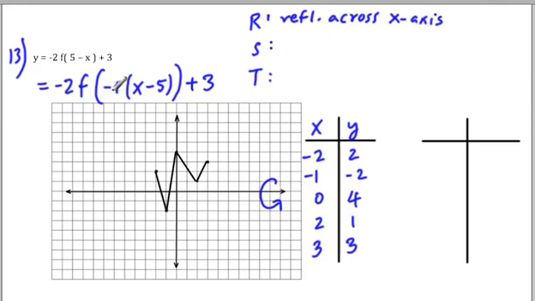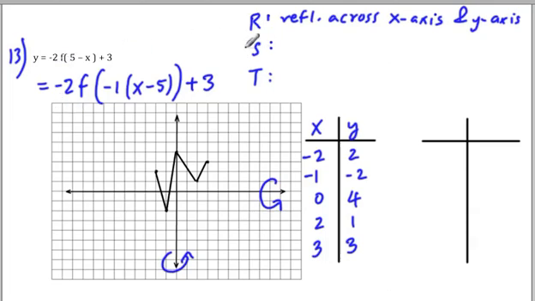And since we see a negative over here, it's also a reflection since all the x's will be flipped, so it's a reflection for all the x's, so it's also a reflection across the y-axis. So it's a reflection across the x and the y-axis, which means both the x's and y's will become negatives of what they were previously.